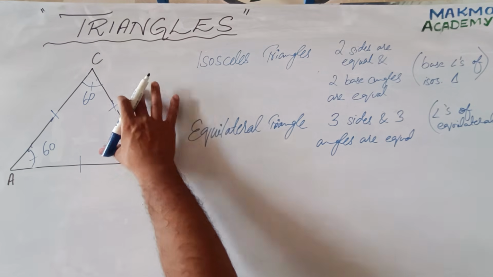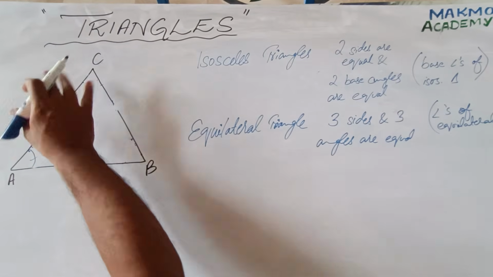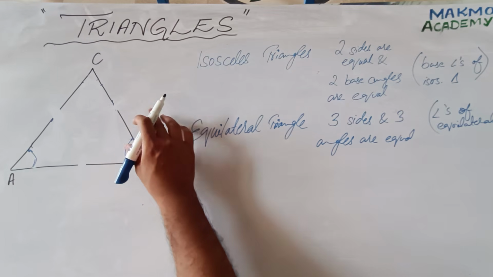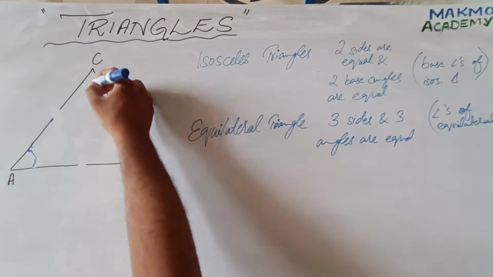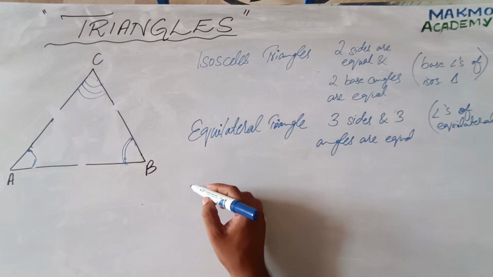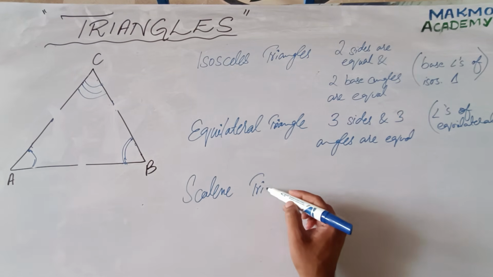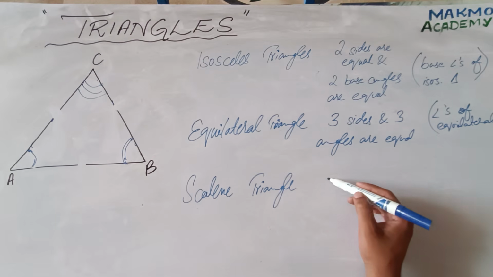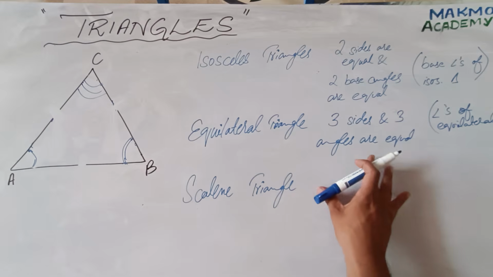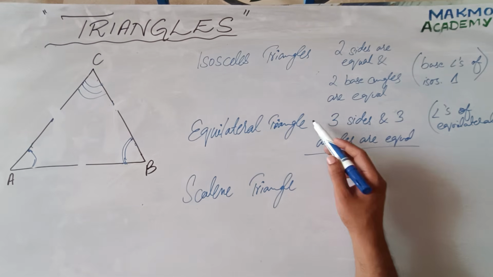And if none of the angles is equal to each other, for example, this angle is different, this angle is different, and this angle is also different, then that triangle is called a scalene triangle. In the case of an equilateral triangle, the lengths of all three sides are also equal. Three sides and three angles are equal, we have discussed this.